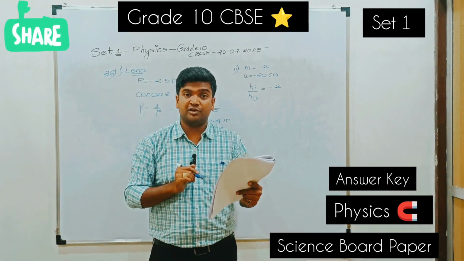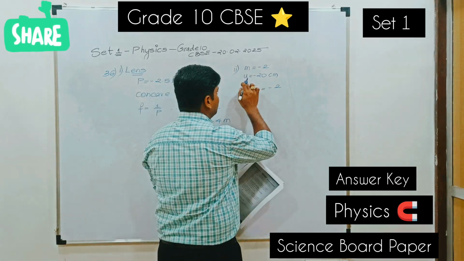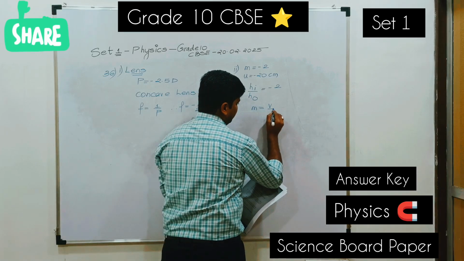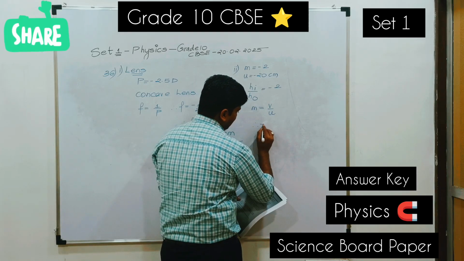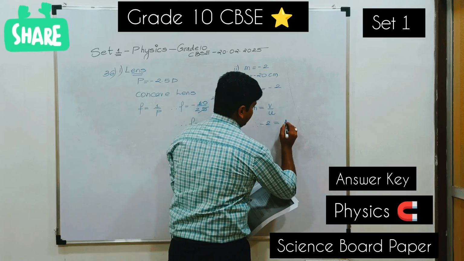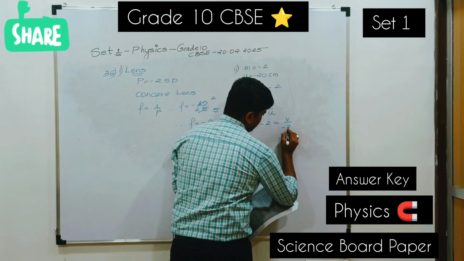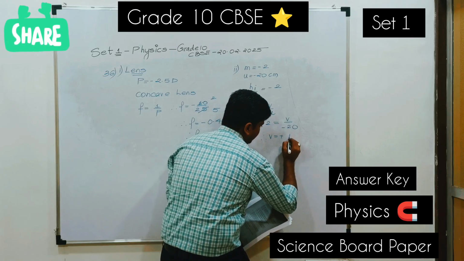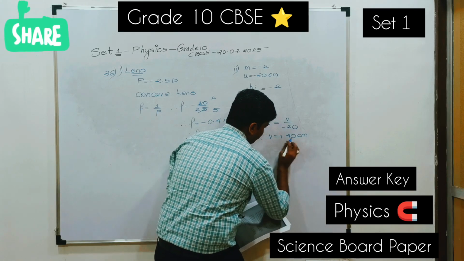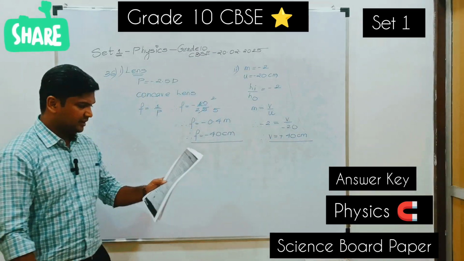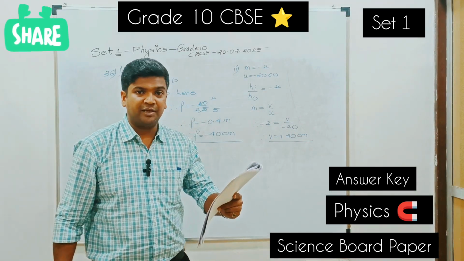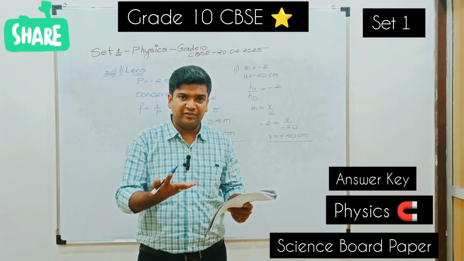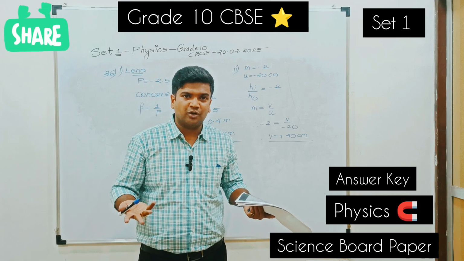Next you need to find the position of the image. Okay, so u is given, and I have another formula for magnification. For a lens it will be v by u. Correct, child? Now magnification is -2, and I have to find out v. How much is u, child? -20. If you cross multiply, minus minus becomes plus. 2 twos are 40, and I will be getting 40 centimeters. Correct. Then the sign of the height of the image, obviously it has to be negative, 100% negative, because magnification is given as -2. Sure, so done.